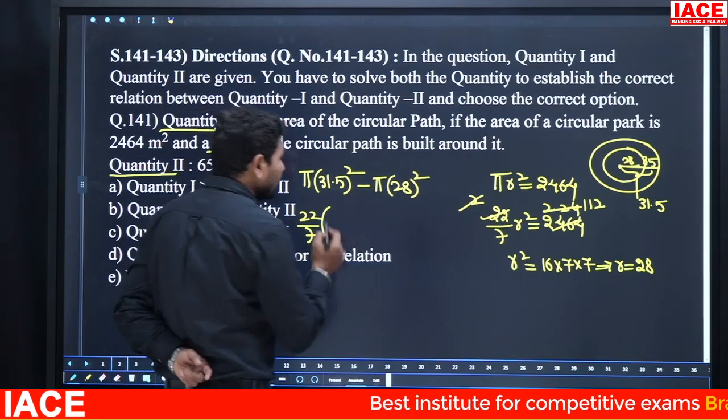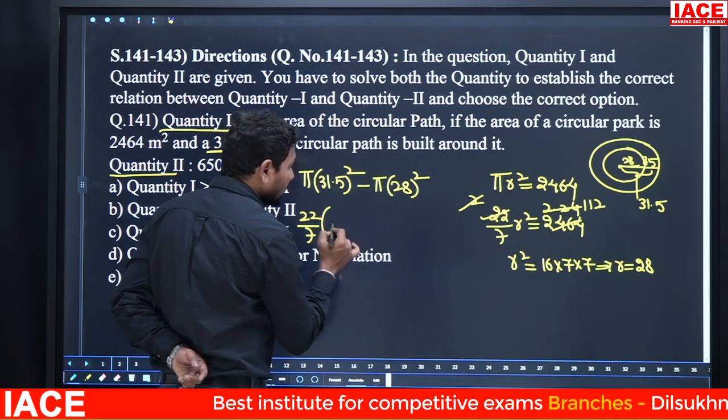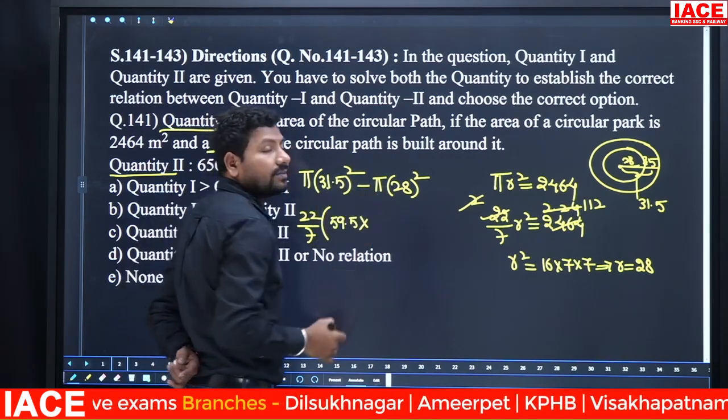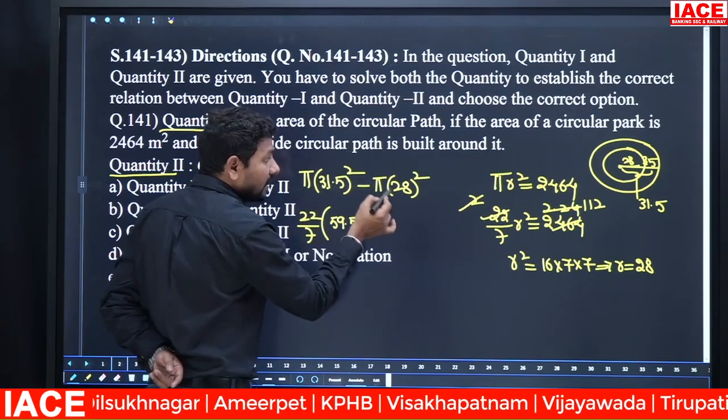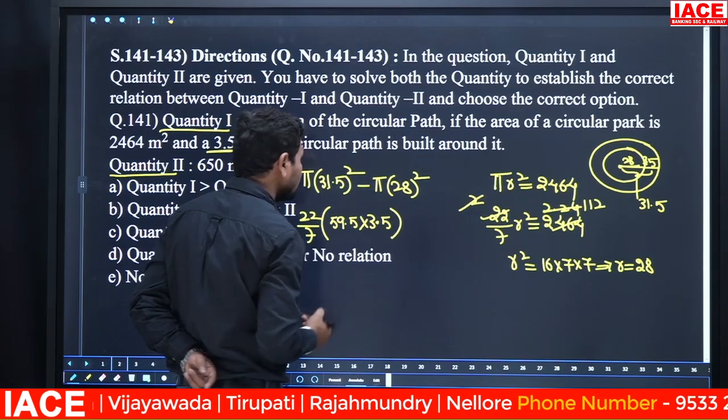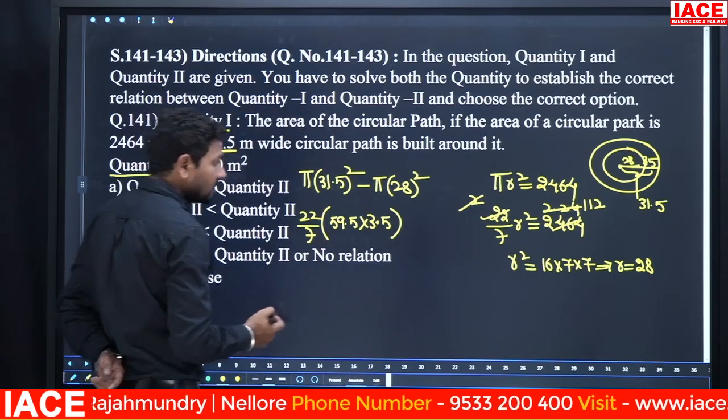A plus b into a minus b means 31.5 plus 28, it is 59.5, into 31.5 minus 28. 31.5 to 28 gap is 2 plus 1.5, it is 3.5. The value is 3.5. And cancel the measurements.